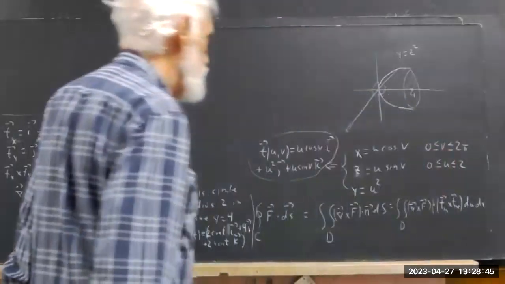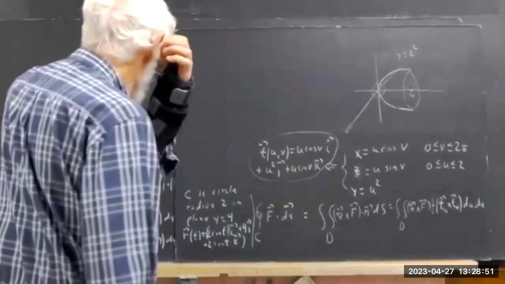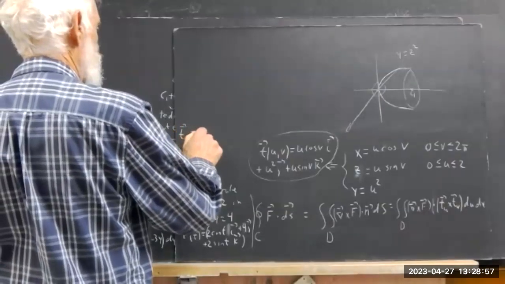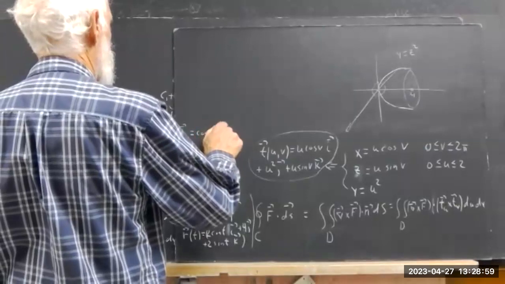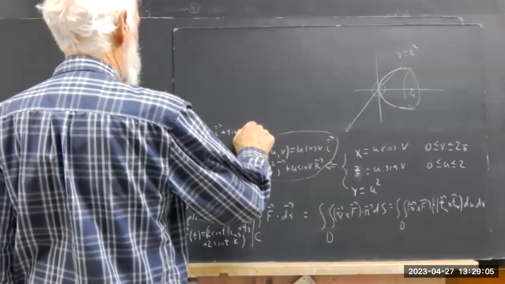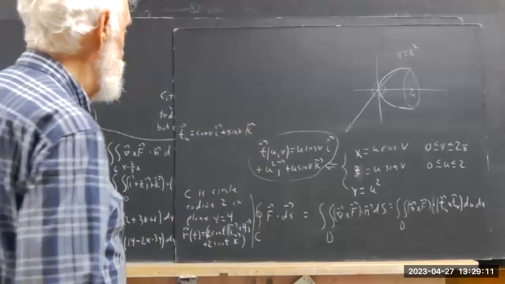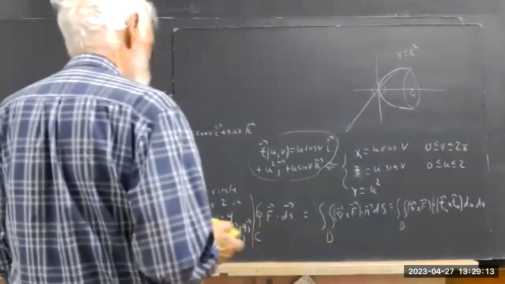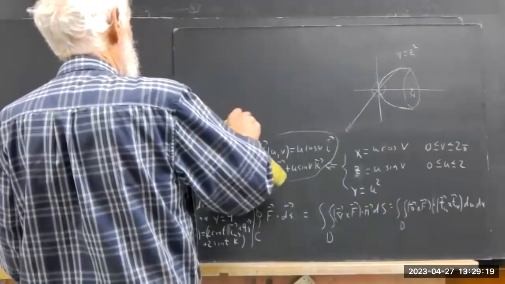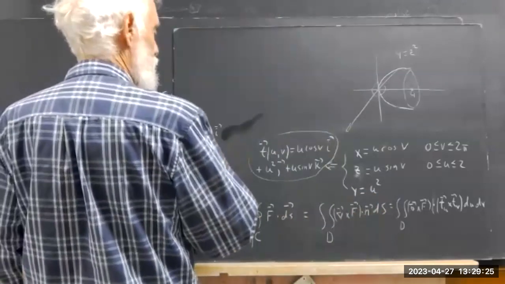And it's going to be easy: do TU cross TV. I was going to say there's no U dependence in the Y direction, there's no V dependence in the Y direction.